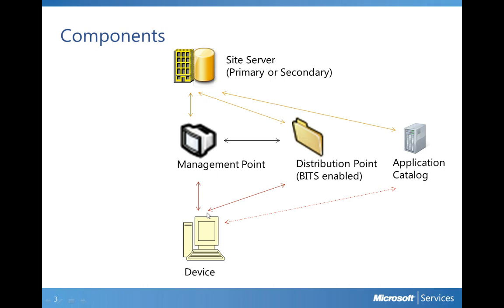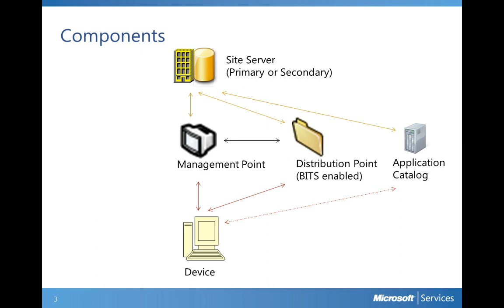So at that stage, any devices that are requesting content do not go directly to this folder to pull down the content, again, unless you're using run from DP. If they're BITS enabled and we're doing a BITS download, then instead the communication will happen to IIS, and IIS will talk to the distribution point on behalf of the device. That way we have the BITS throttling. Everything just works.